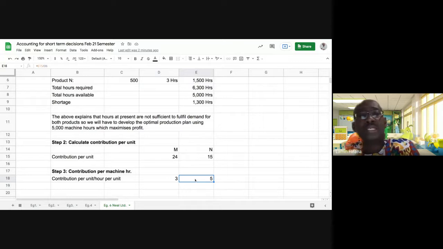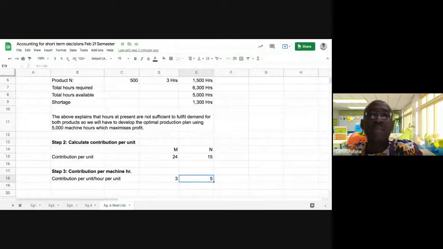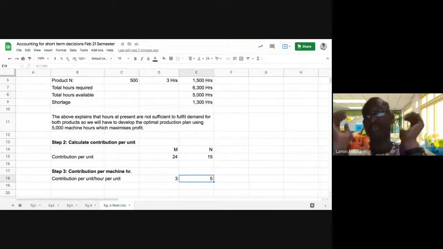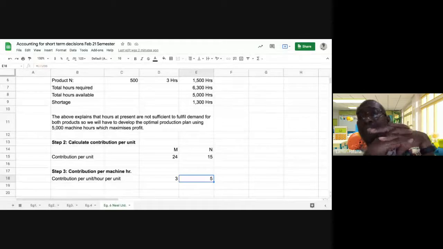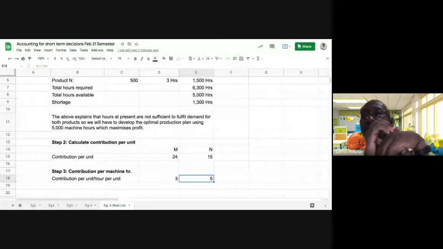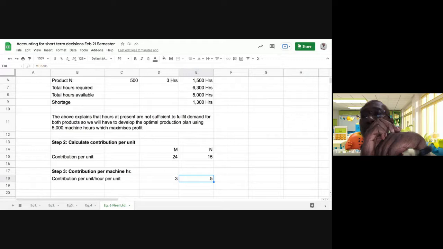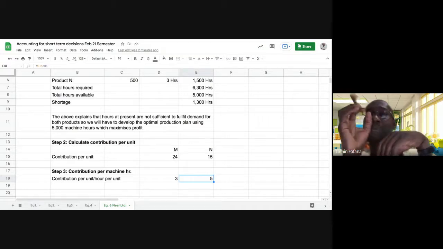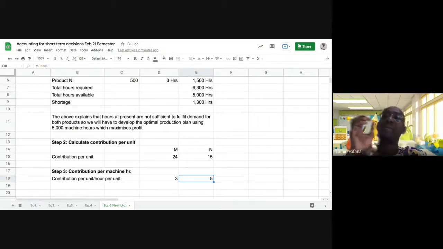We also said that the contribution per scarce resource is our basis for optimal production, because it's simple. If our limiting factor is machine hours, that means we should produce according to the best way that will give us higher profitability per machine hour.